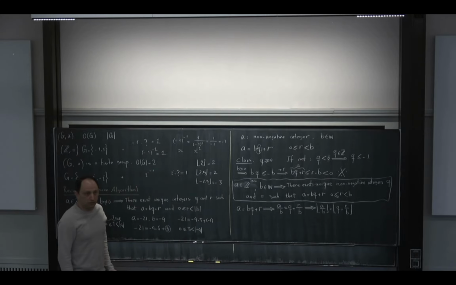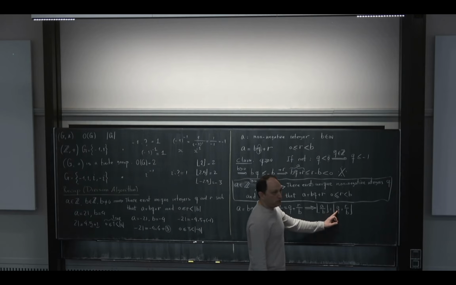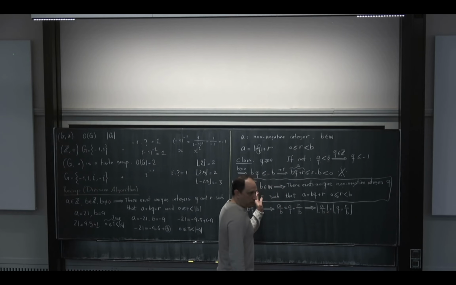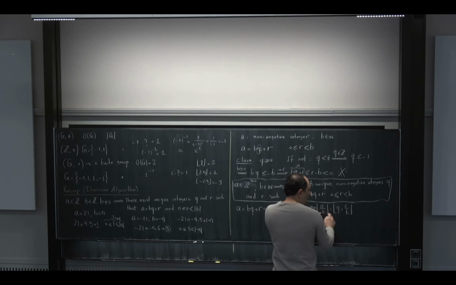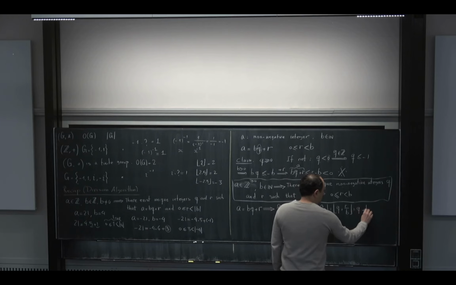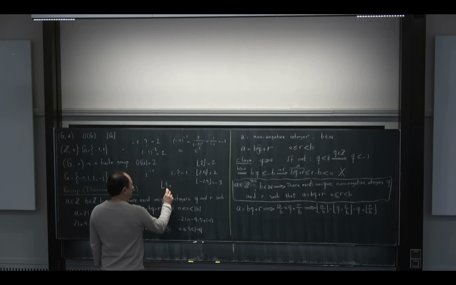Okay? But what type of number is Q? Q is a non-negative integer according to what we have. So for the floor of a non-negative integer plus a fraction, I can flip this Q out. Do you agree? For example, if I have 1 plus 2.5, so let me write it like this.